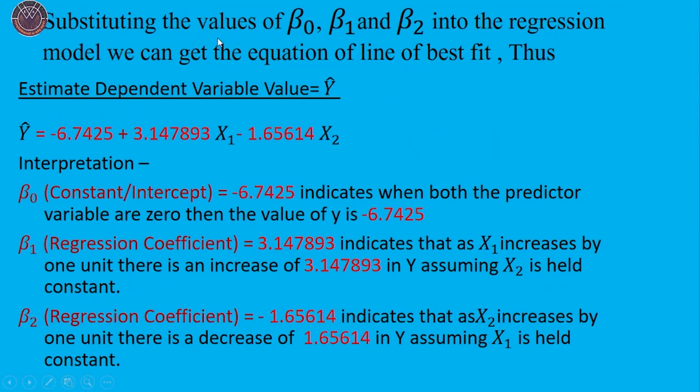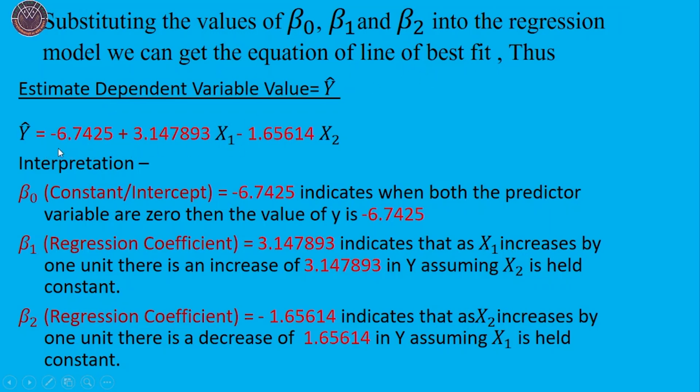Substituting the values of beta 0, beta 1 and beta 2 into the regression model, which I have already told you, the regression equation for two independent variables is given by y equal to beta 0 plus beta 1 x1 plus beta 2 x2 plus epsilon. So we have got the equation of line of best fit.